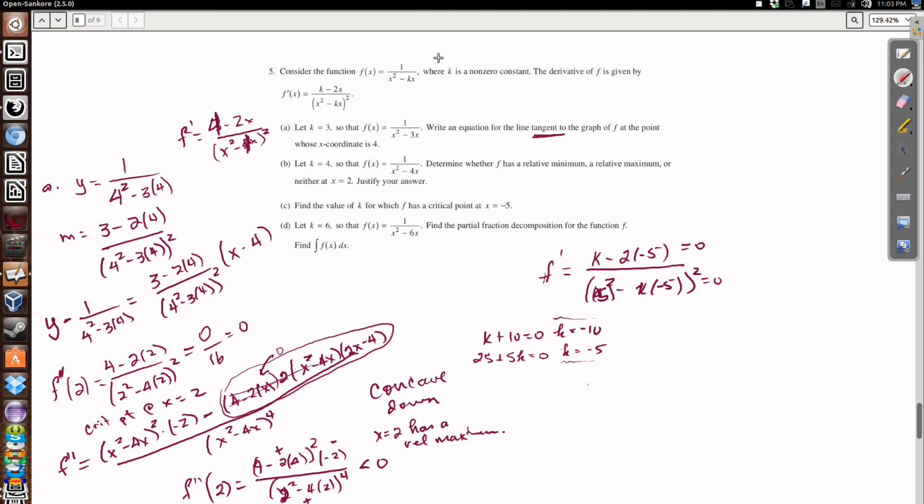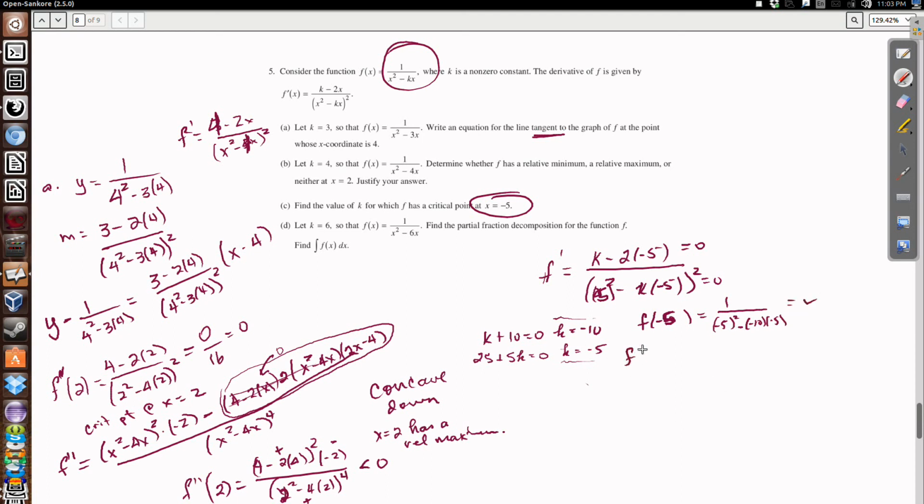Now my function is this function up here, and I actually need to see what's happening when k equals negative 10 or when k equals negative 5. So for my function, f of negative 5, because that's the point in question, is going to give me 1 over negative 5 squared minus negative 10 times negative 5. And that should be well defined.